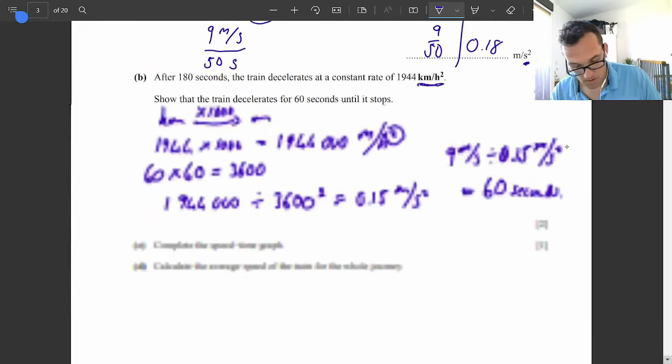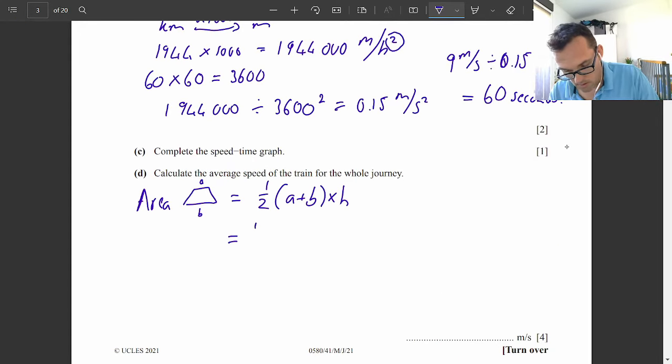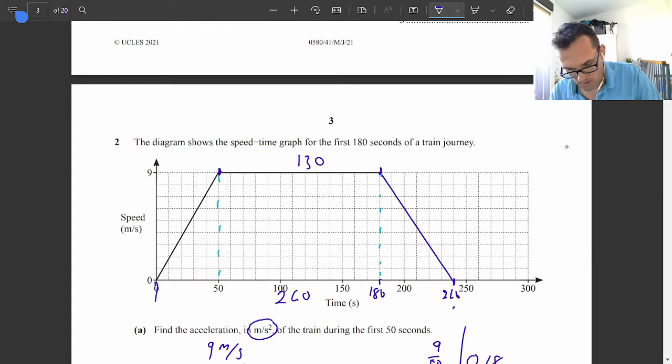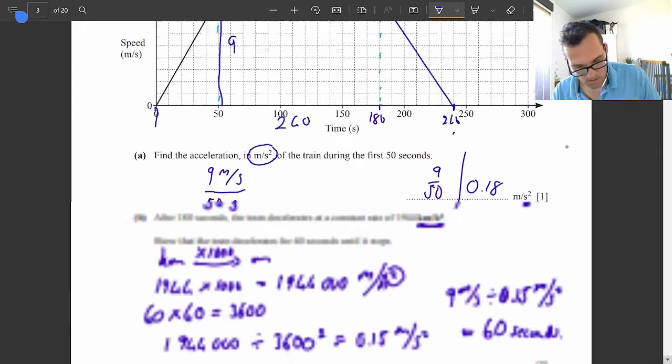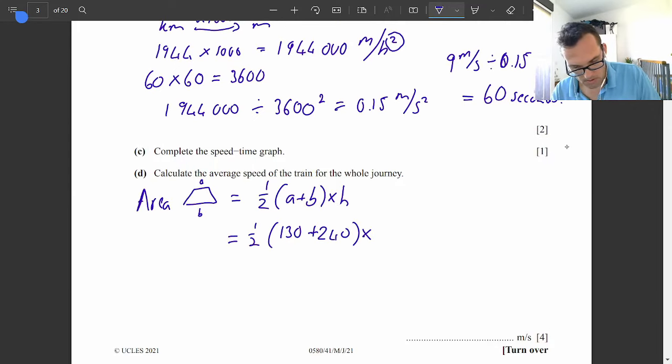Okay, so we start with that. It's a half times (130 plus 240), so the 2 parallel sides, times the height, and over here the height is the speed when it's at full speed, which was 9. Perpendicular height is 9.